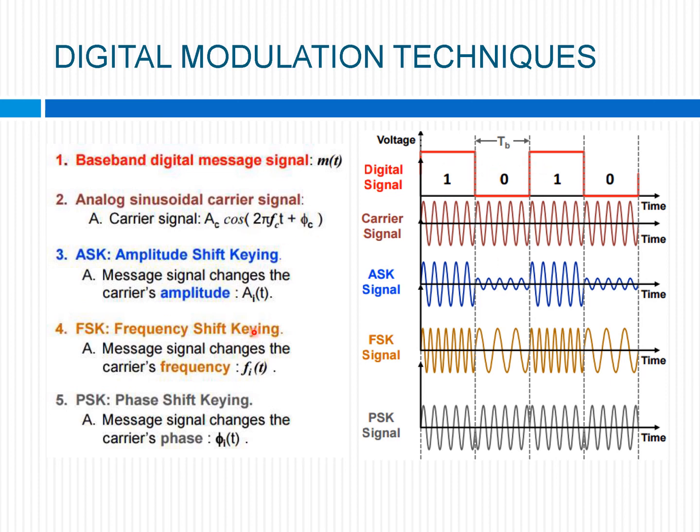In frequency shift keying, we change the frequency of the carrier signal according to the input binary signal, and in phase shift keying, we change the phase of the carrier signal according to the input binary signal. So these 3 are the basic digital modulation schemes.